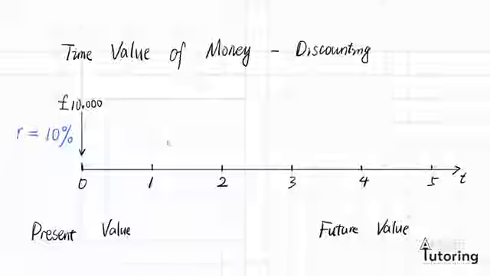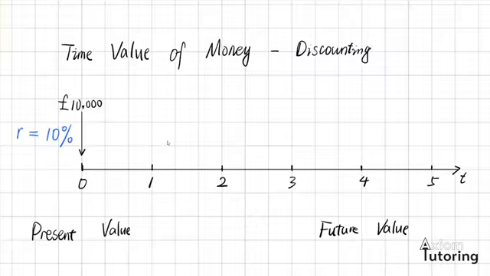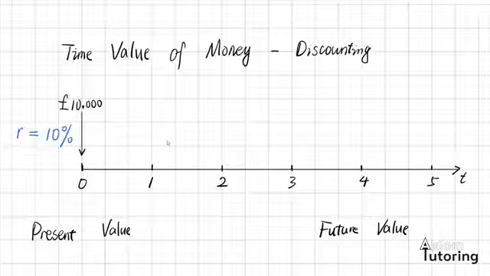If it's simple interest, we only earn interest on the principal. So for example, in this case, if it's simple interest, then the interest for each period will simply be £1,000. But that's not the case with compound interest. We'll show this. If I save it for 1 year, in 1 year's time, what do I have?